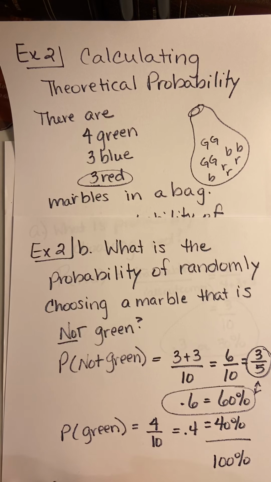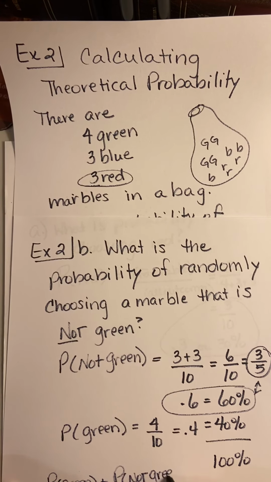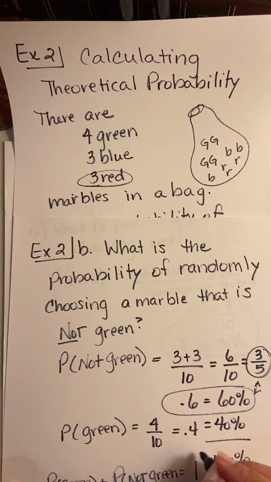So I've just proved again the probability of green plus the probability of not green is equal to 1. I can also call this 2/5. I have 3 not green. Green is 2 over 5 plus 3 over 5, which is going to equal 5 over 5, which is 1 whole.